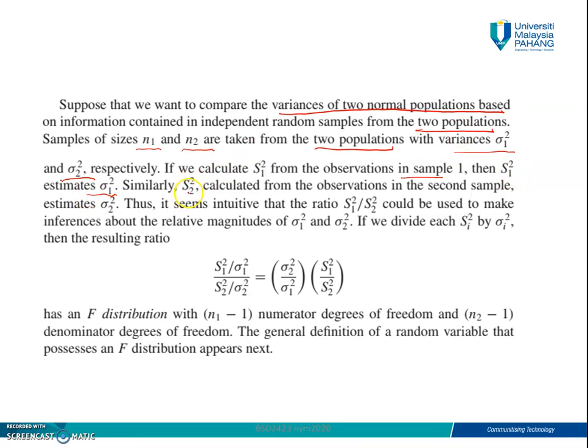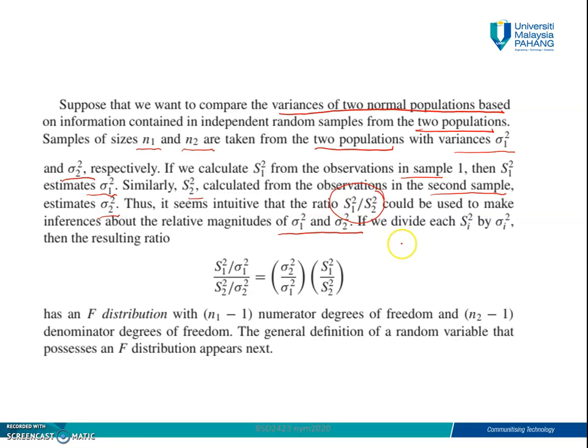Similarly, S2 square, calculated from the second sample, will estimate sigma 2 square. Intuitively, the ratio of sigma 1 square divided by sigma 2 square could be used to make inferences about the relative magnitude of sigma 1 square and sigma 2 square.